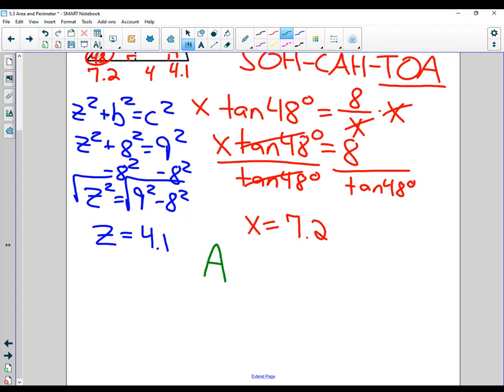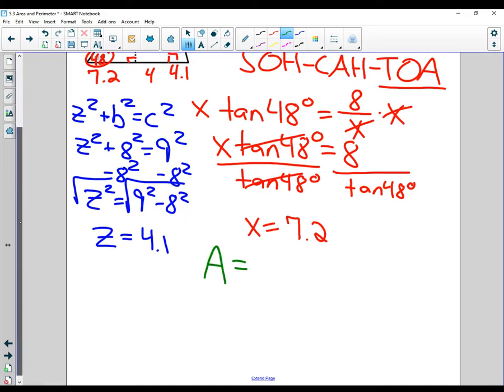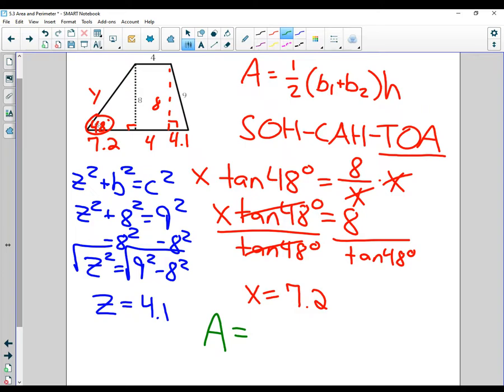So the area is going to be 1/2 times the base 1. Base 1 is just going to be one of these two side lengths. This one is going to be 7.2 plus 4 plus 4.1. It's going to be 15.3 plus the second base, or the one up top, so plus 4.